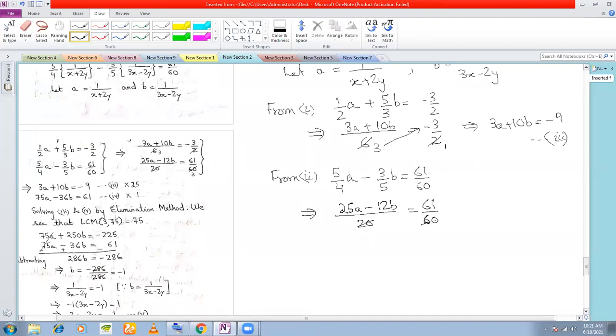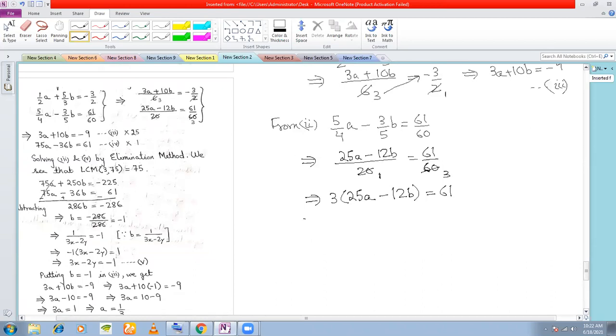This will cancel 3 times, and now you cross multiply: 3 times (25a - 12b) is equal to 61. So this is 75a - 36b = 61. Let us call this 4.